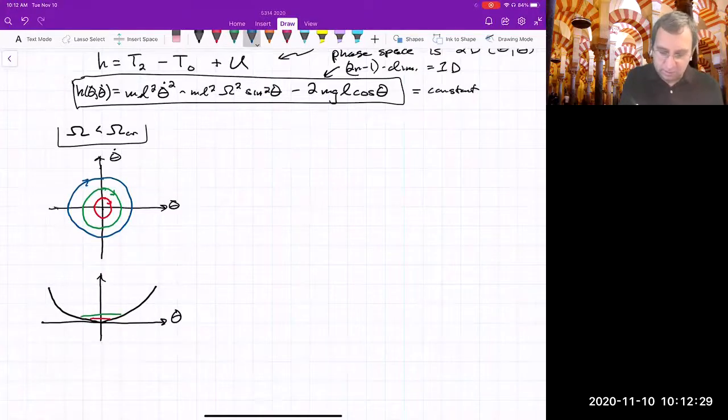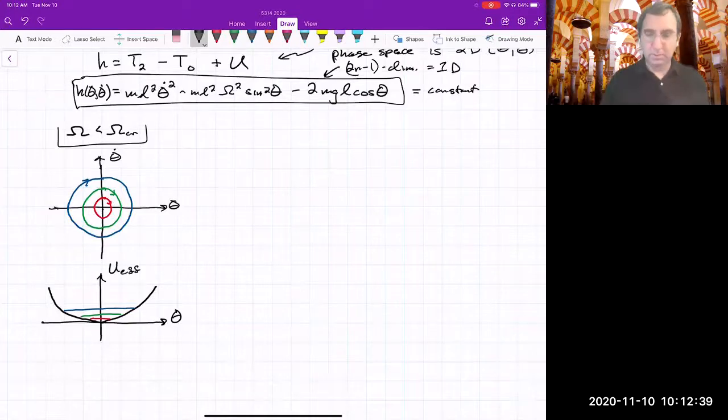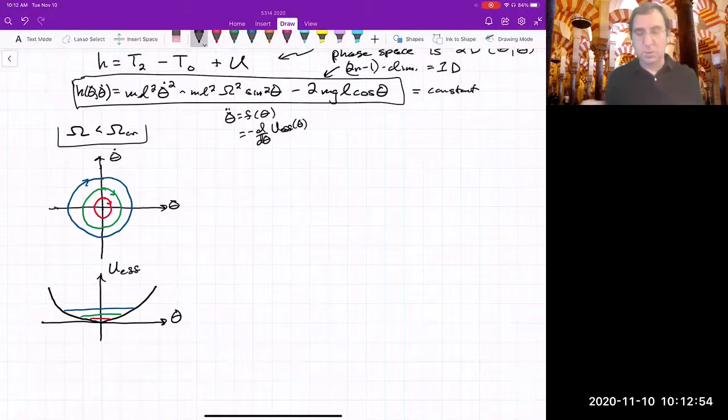And then the next one between these two turning points. If I didn't say it, I'm plotting an effective potential, right? Because we could write theta double dot equals negative the derivative of an effective potential. And that's what I'm sketching. Okay, so we have that.